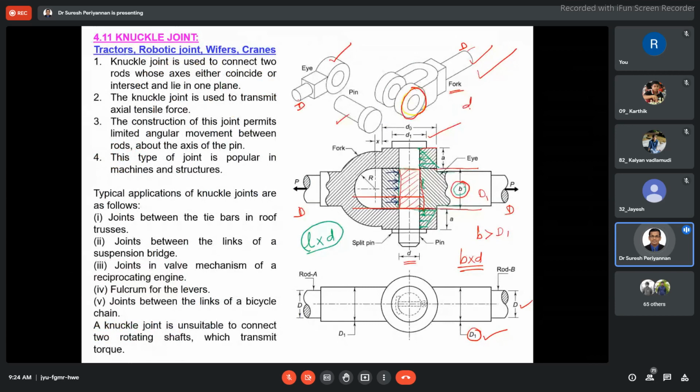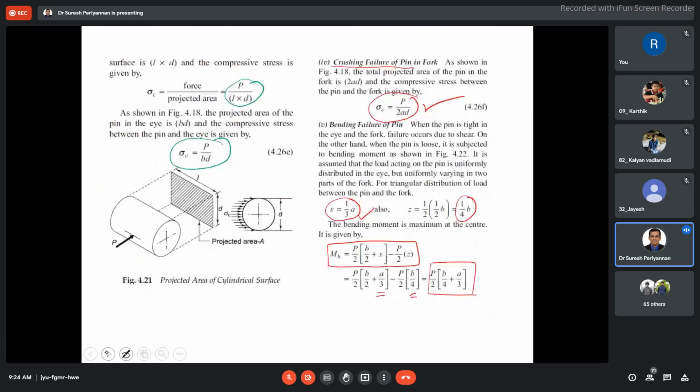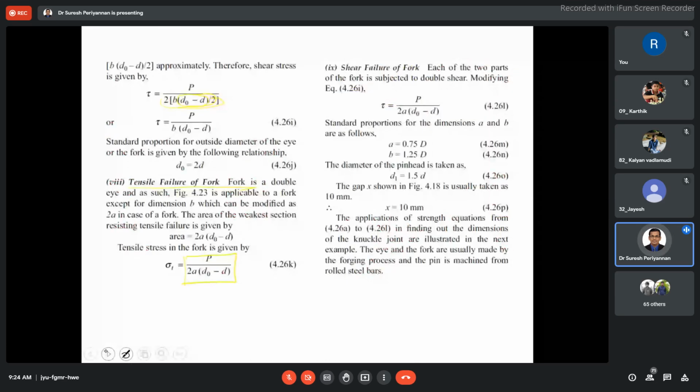Now D naught minus D, the thickness is A, so D naught minus D into A. Now both sides are there: here also tensile is acting, here also tensile is acting. Then we have to consider both regions. Finally, we form the equation P by 2A into D naught minus D. This is the tensile failure in the fork.